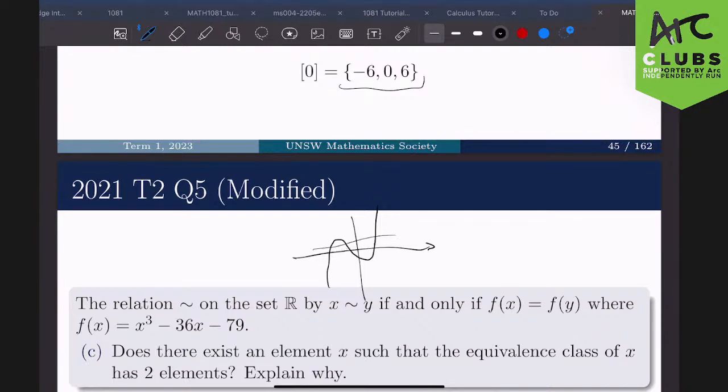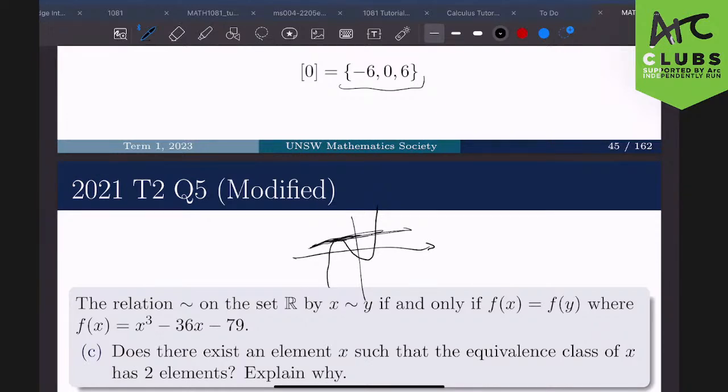So you can see most lines you'll draw will have just 1, right? But you should be able to see clearly, well, I can't draw it very well, but clearly at these turning points there's an equivalence class which only has 2 elements.